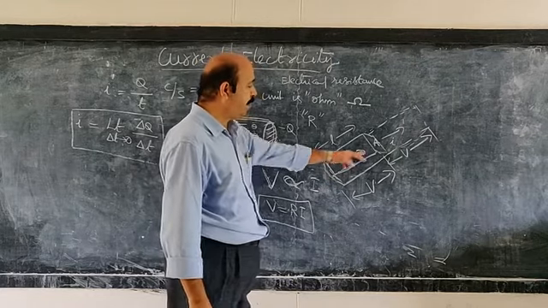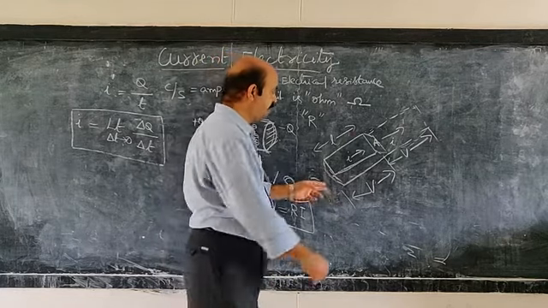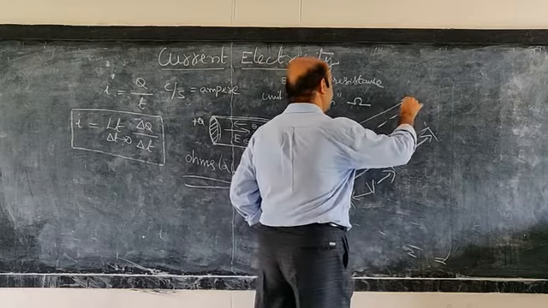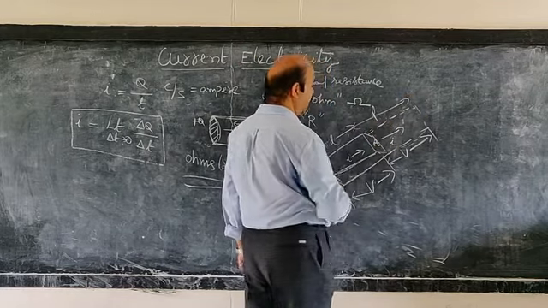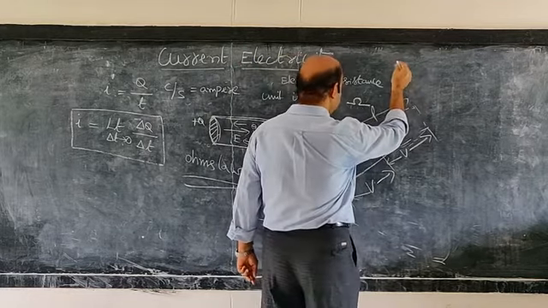Therefore, for the same current, the potential difference across this entire length is 2V.